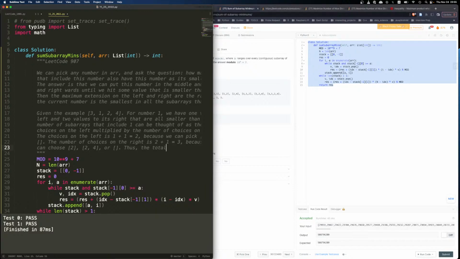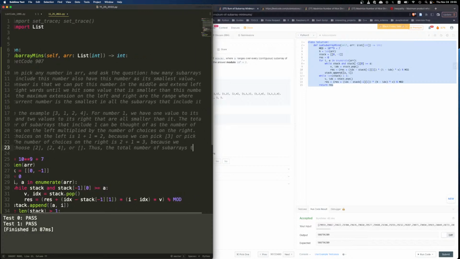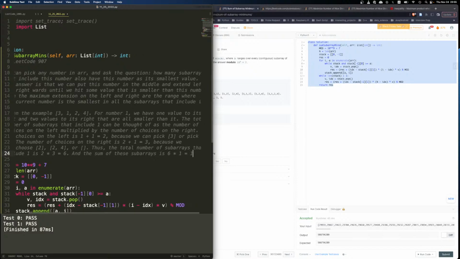Thus, the total number of subarrays that include 1 is 2 times 3 equals 6. All of them, and the sum of these subarrays is 6 times 1 equals 6.